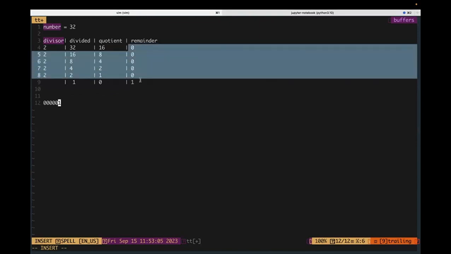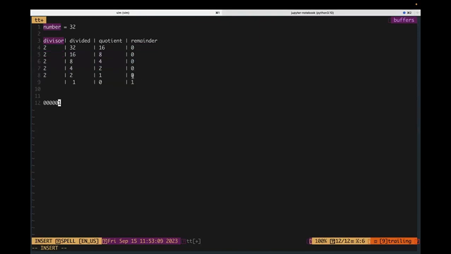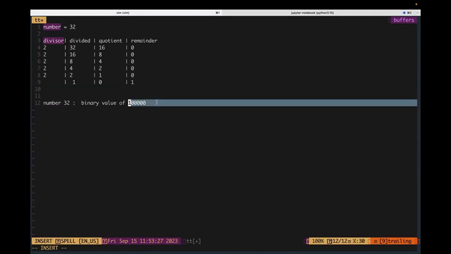When you get the result like this, always remember how you compute the binary: you always go from the bottom to the top. So the binary of 32 is 1, 0, 0, 0, 0, 0. This is the binary value.